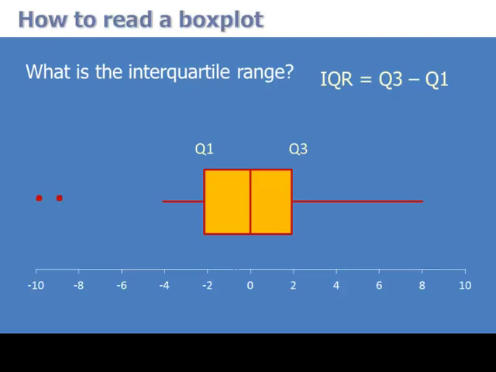It looks like the third quartile is equal to about 2, and the first quartile is equal to about minus 2. So this interquartile range is equal to 2 minus minus 2, which is 4.